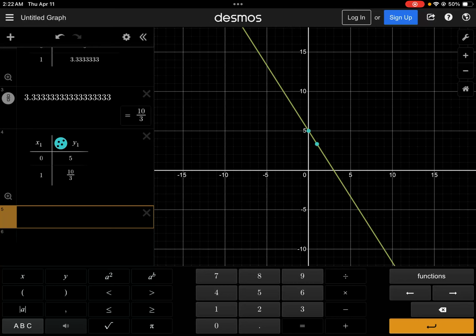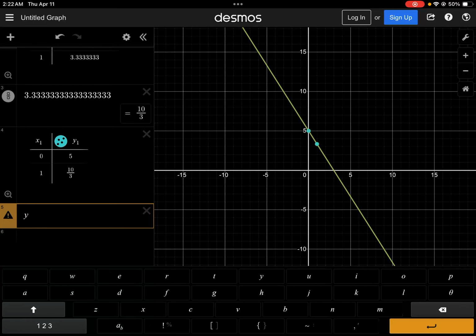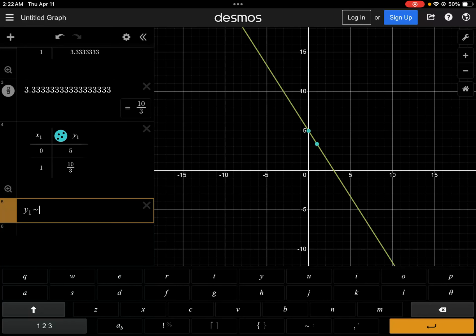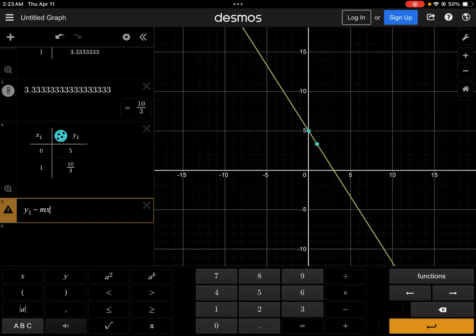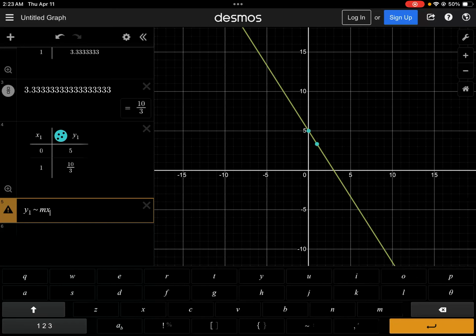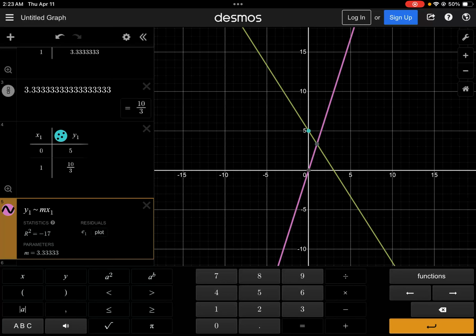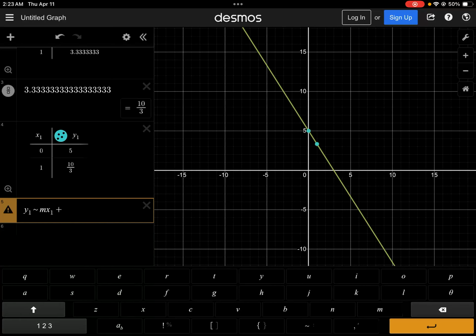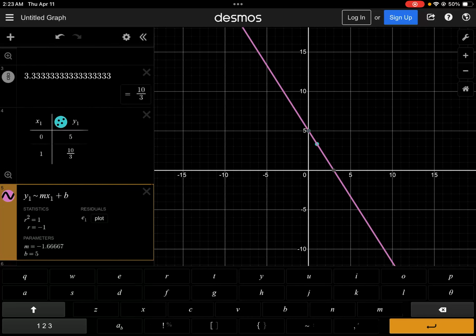Alright, now let's ask the calculator nicely if it can do it. And nicely means with a squiggly. mx plus b.